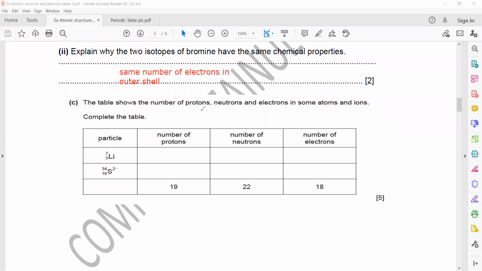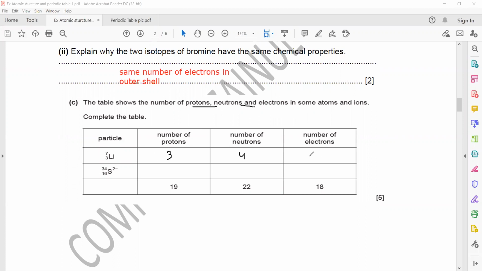Then the table shows the number of protons, neutrons and electrons in some atoms and ions. So lithium: the bottom number represents the atomic number or proton number, which is 3, and the neutron number is the difference, so 7 minus 3, which is 4.